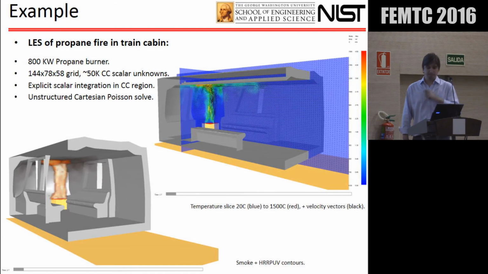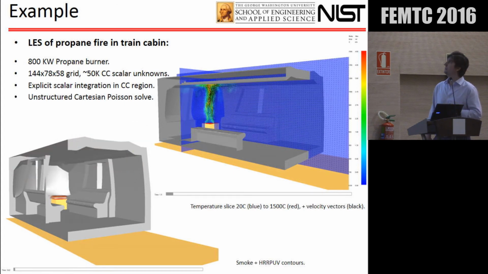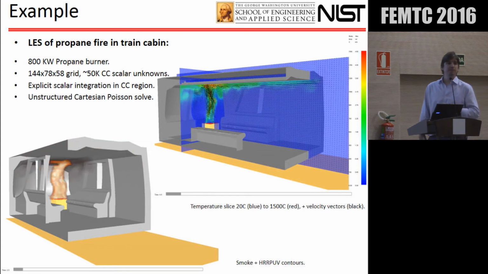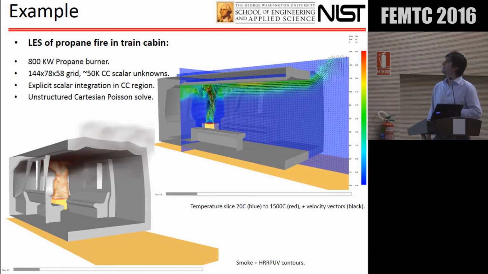And these are some preliminary calculations without radiation. This is a single mesh, just to show you as a showcase example. This is a fairly decent grid on a single mesh. We have around 50,000 cell unknowns here. And in this case, instead of implicit, we used explicit time integration with linking.